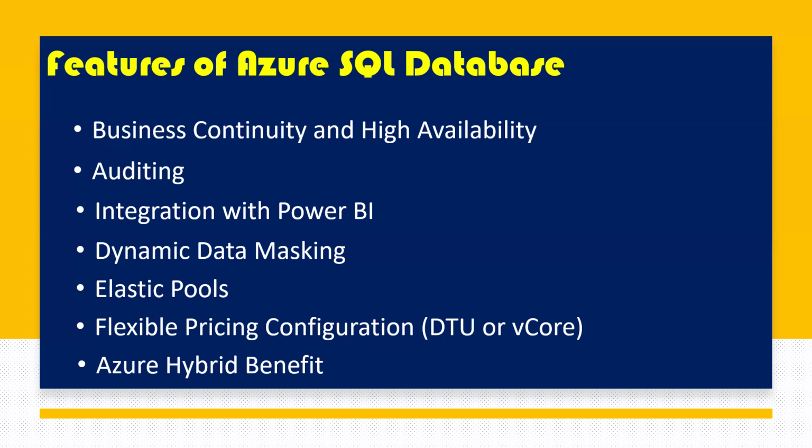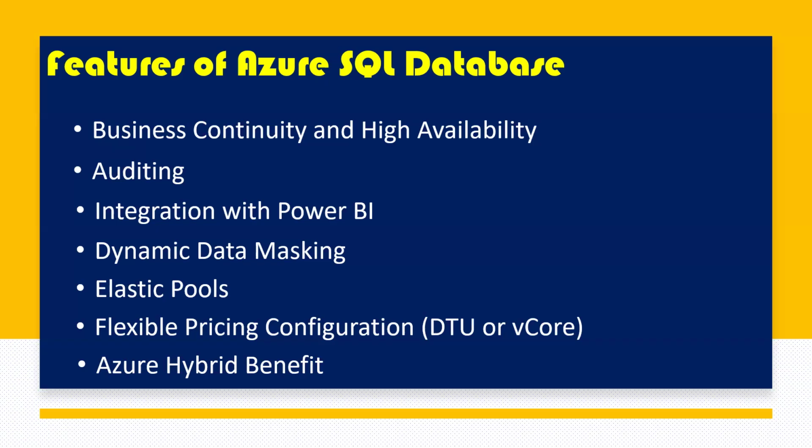The hybrid benefit is for using your existing license. For example, you are using an on-premises license, and you have validity for 5 years. You have completed the first 2 years, but then your company plans to migrate to the cloud. The remaining 3 years of validity are still there for your license, right?